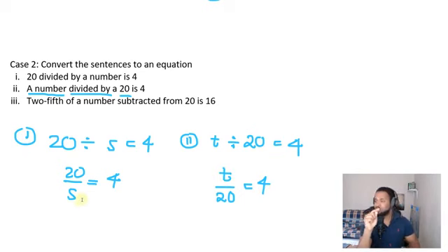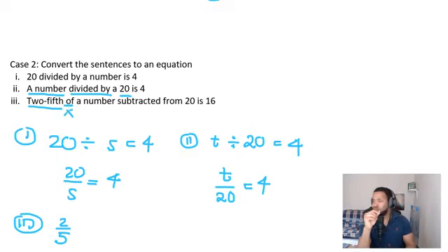And for question 3 here, we have this question which says that 2/5, so 2/5 we know is 2 over 5 of a number. Take note that of is the same thing as saying multiplication.